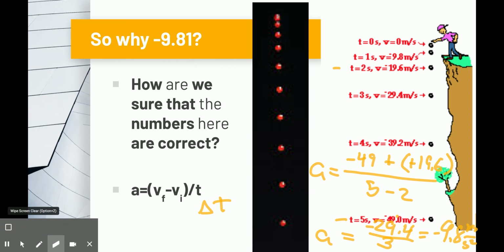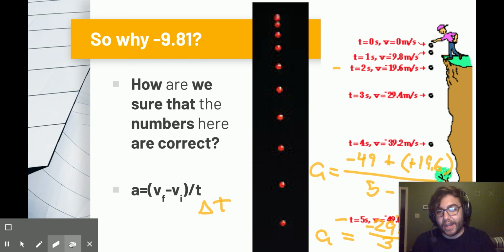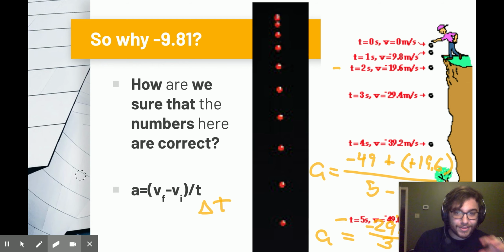So I know I've been saying this is an approximation and we don't really need to understand gravity, but if you are curious, I will link a video in the YouTube description that goes into what gravity actually is. Because gravity is weird and it's a warping of space-time. And it gets all crazy if you think about it that way.